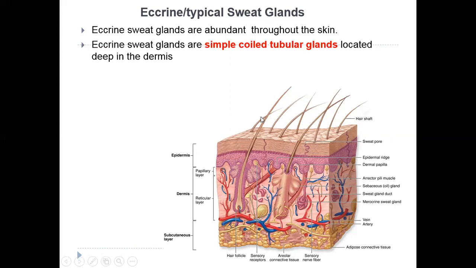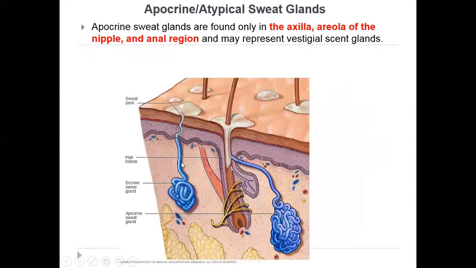Typical sweat glands. Typical sweat glands are seen throughout the skin, and they are an example of simple coiled tubular glands, and they are located in the dermis. This one. Now the next one is the apocrine sweat gland.